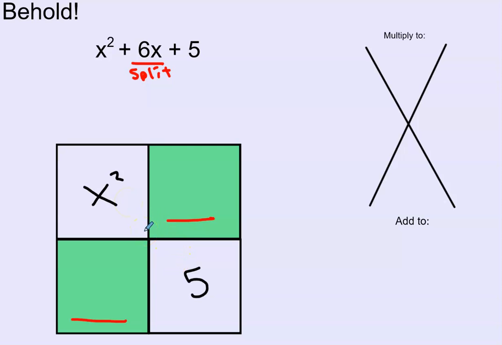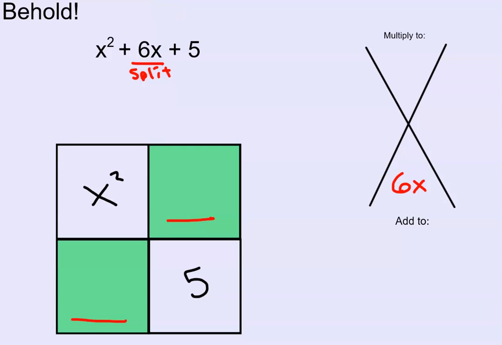There's only one way that's going to work, though. And I don't really want you to just try stuff until it works, because some numbers might be a lot bigger than 6. What we know is that whatever those two boxes are, they're going to add to 6x. That's obvious, right? They add to the middle term.